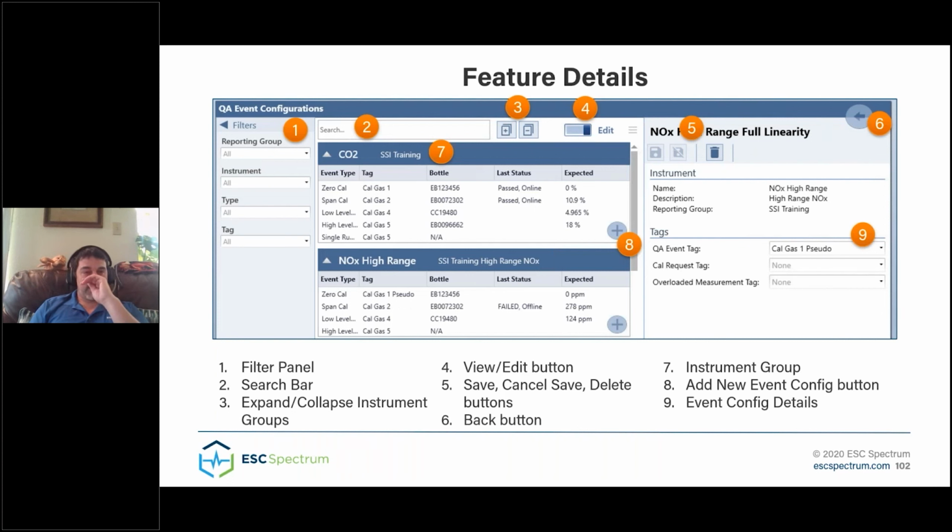And so if you navigate to the QA event configuration, you would see a similar user interface here, with all the same filtering and searching options. You can see your different instruments, all the different QA events that are underneath of them, and then some pick lists for associating the cal request tags and the overload measurement tags, things like that.